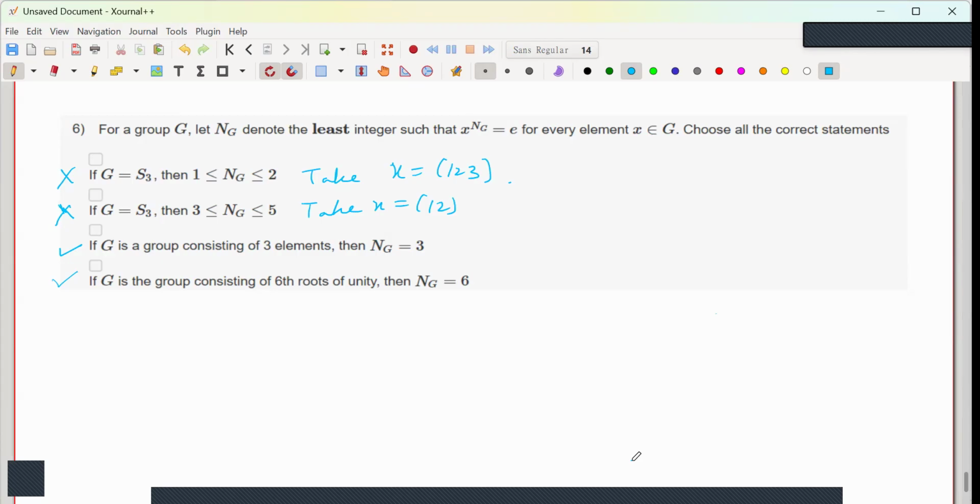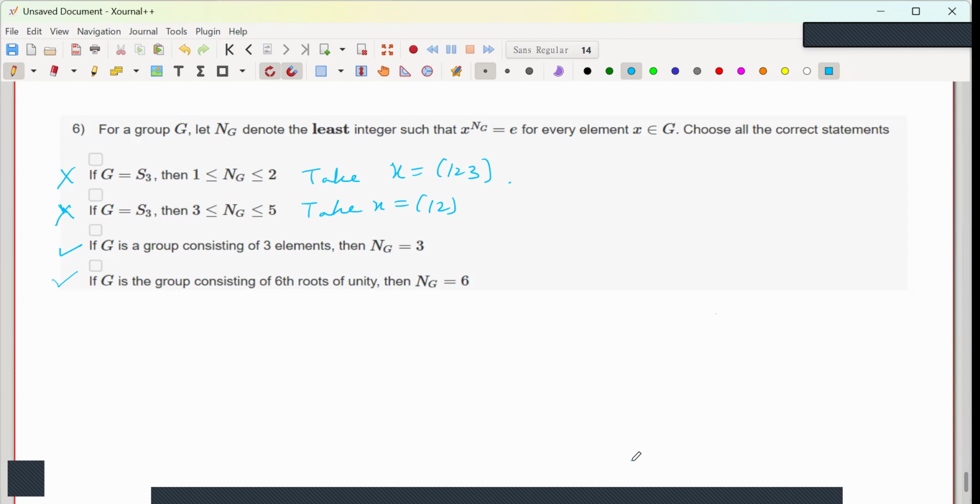Because if A is equal to A inverse, then A square is identity, right? So that means A is of order 2. So assume that there is no element of order 2 inside the group. So for any non-identity element, A is not equal to A inverse, right?